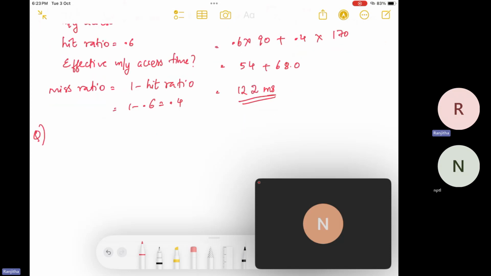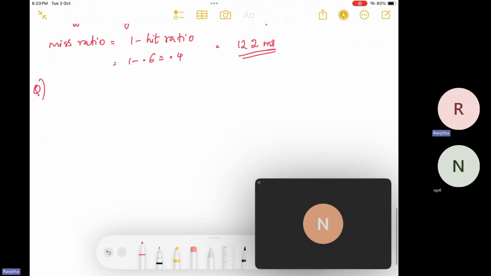Another question is, we have a TLB search time given as 20 nanoseconds.